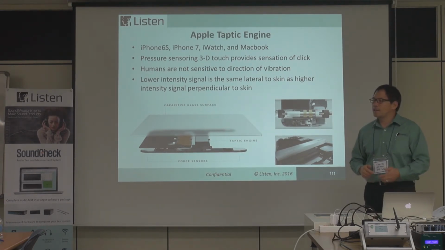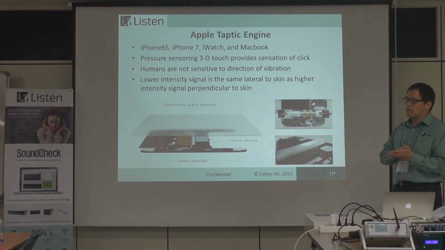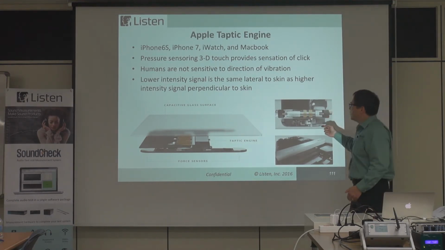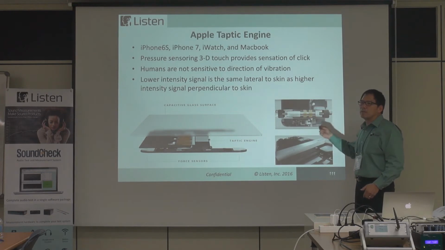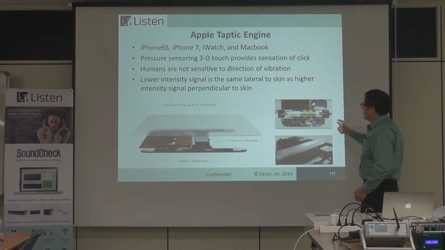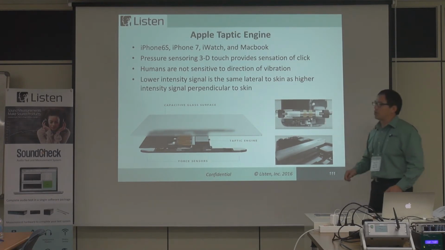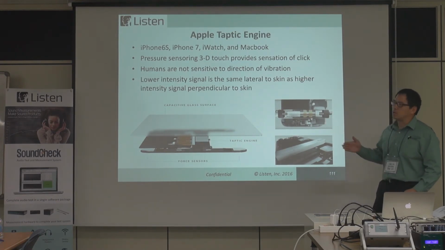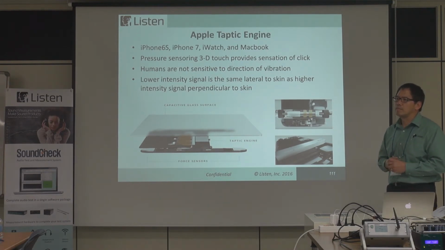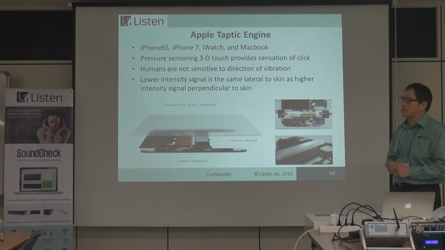In fact, we figured out that when the vibration is lateral to the skin, it doesn't take as much intensity to feel the same as the perpendicular action of the vibration. So that's why these Apple linear motors are actually lateral to the surface that you're touching, not perpendicular. It actually takes less energy to run it that way.